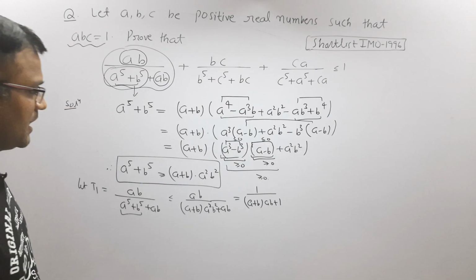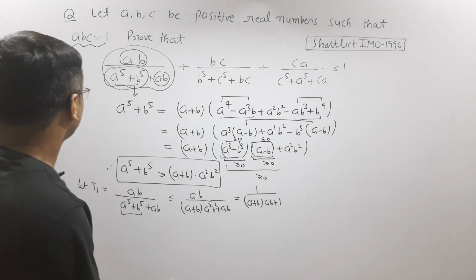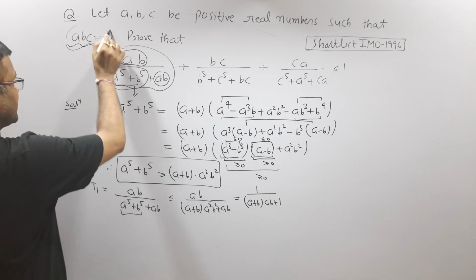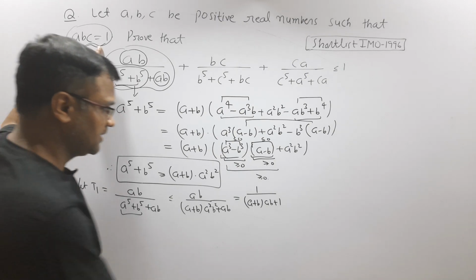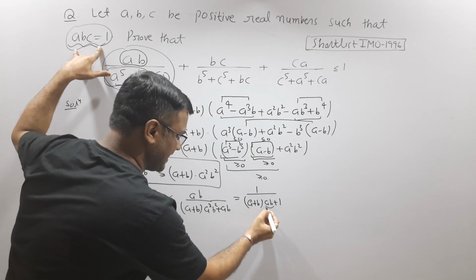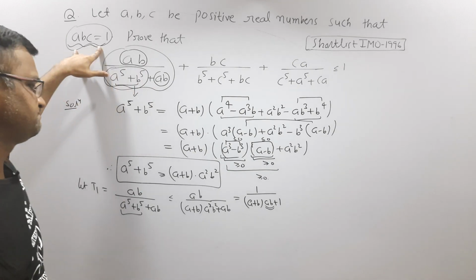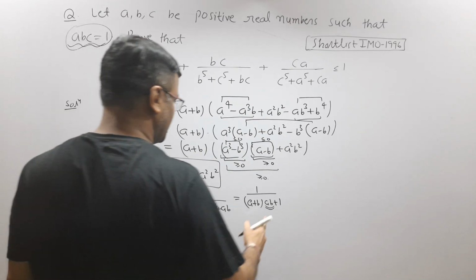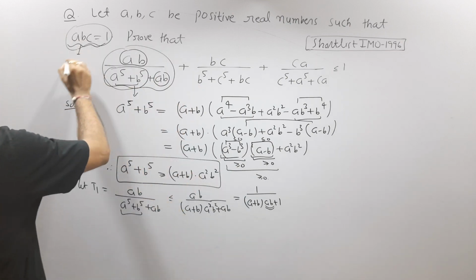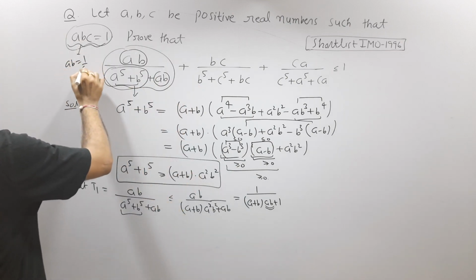Okay, now I am going to use this condition. You are given that the product of all three numbers is 1. So I want to use the value of ab from this condition. We can write ab is clearly 1 by c.